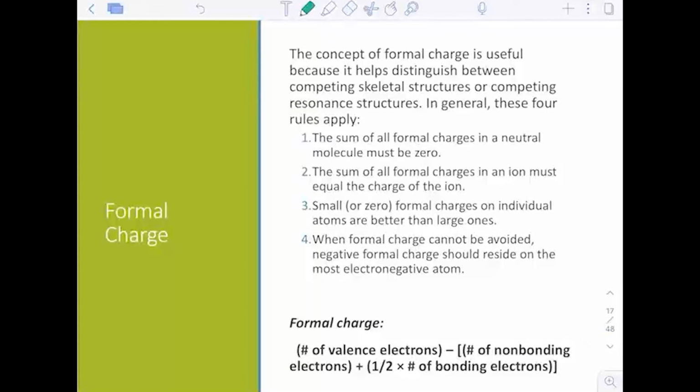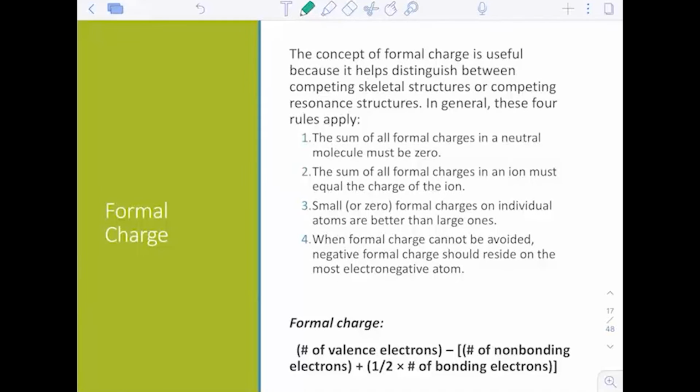The concept of formal charge is useful because it helps distinguish between competing skeletal structures, or even competing resonance structures. And we'll see what resonance is in just a little bit. In general, these 4 rules apply. Number 1: the sum of all the formal charges in a neutral molecule must be 0. Even though the overall charge is 0, that doesn't necessarily mean that there aren't any formal charges.